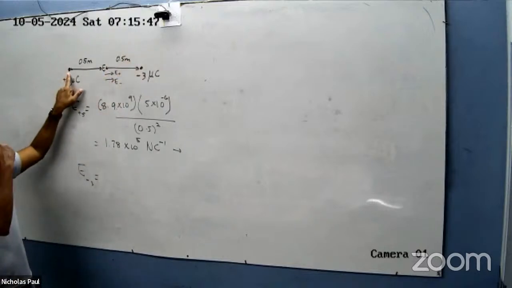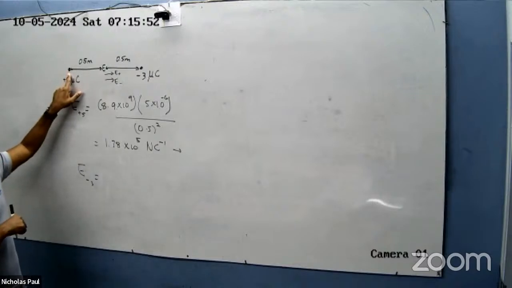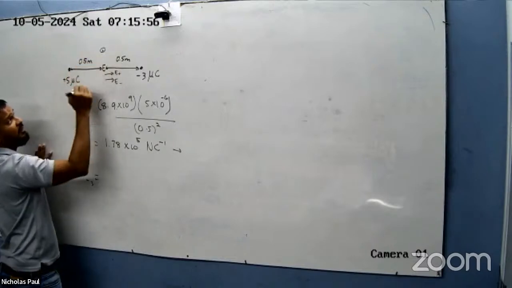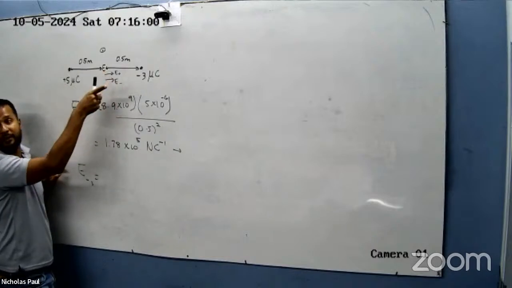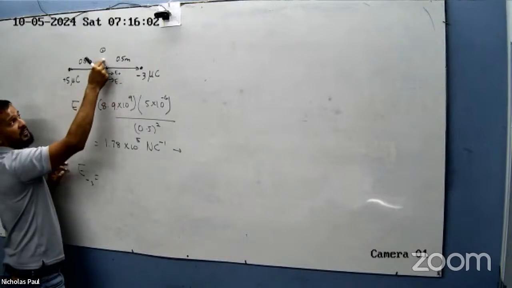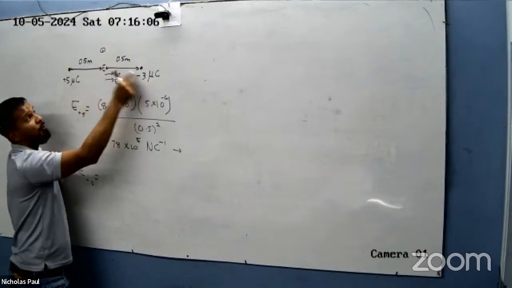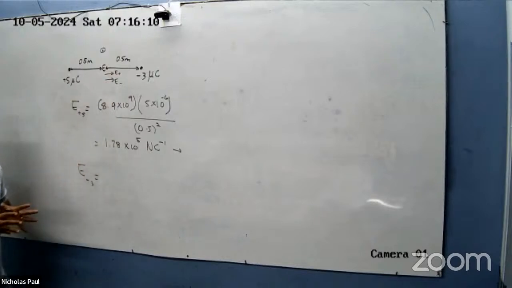The positive charge on the left side pushes it that way. So the electric field strength here goes to the right. If I place a positive charge here, it will go towards the minus 3. So both of them are in the same direction, so it means that I have to sum them up.